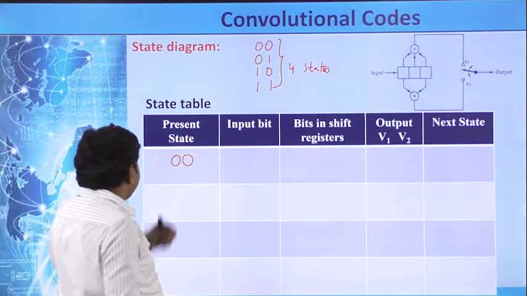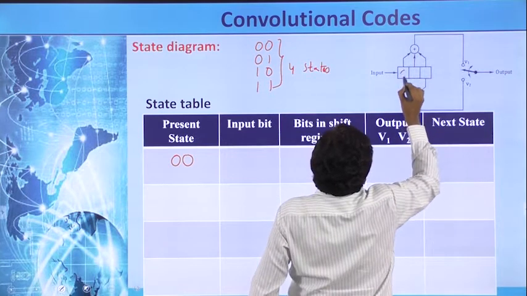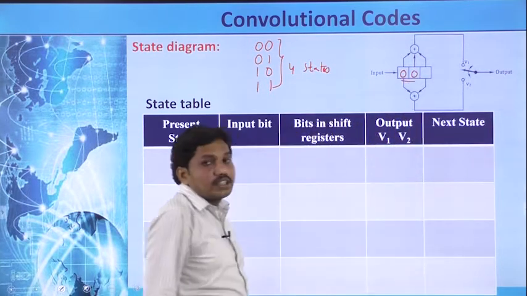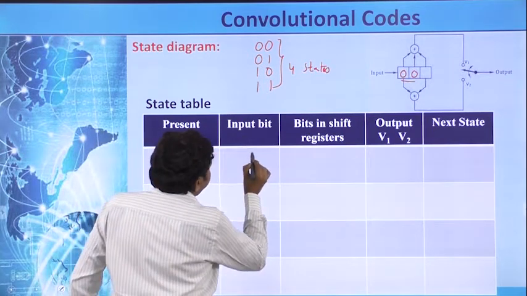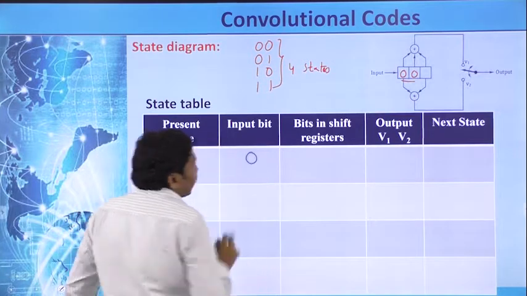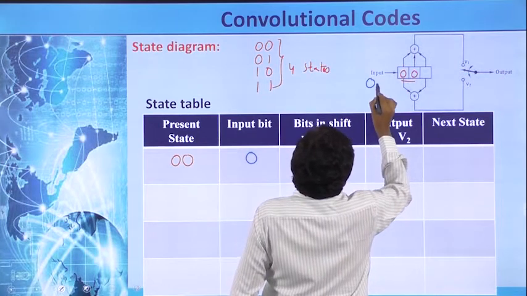Now the present state is 00. That means the first 2 bits, that is D1 and D2, are 0 0. I am applying input bit 0. When the input 0 is applied, what happens?